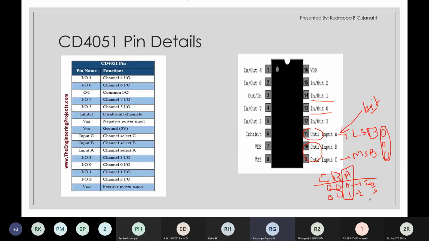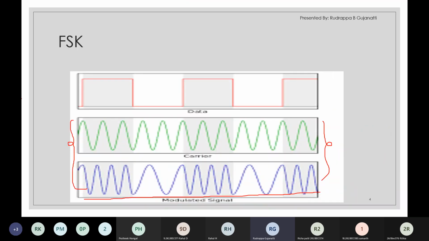So how do I identify here? If the data is high, so here you can see that if the frequency is higher in the given bit duration, it is directly referred to as logic 1.